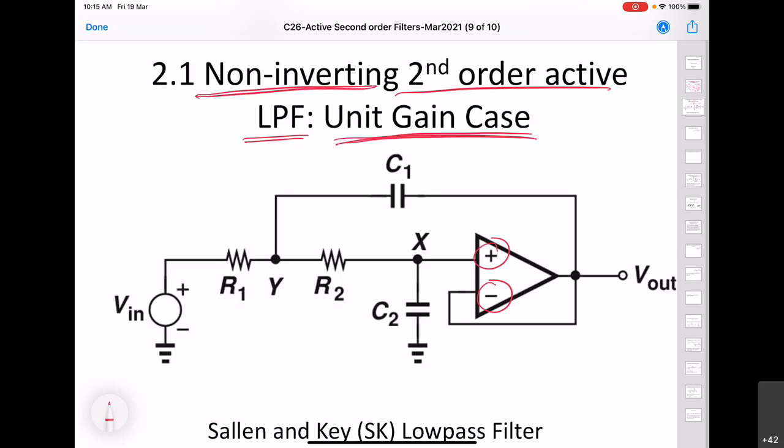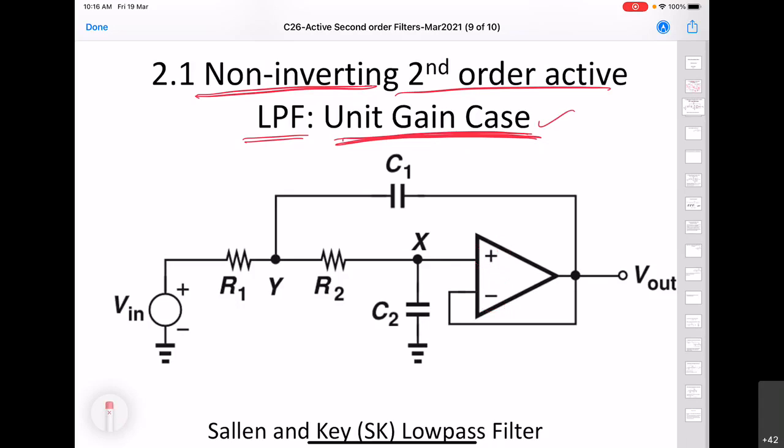We are going to consider the unity gain case, but let me warn you that unlike the previous case, the first order filter case, here when you move from unity gain to finite gain case, the situation is significantly more difficult. It's not a straightforward transition from unity to finite gain like we saw for the first order case. That is why here we are keeping the thing simple.